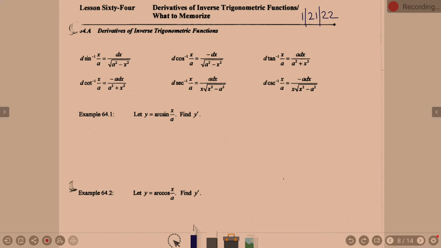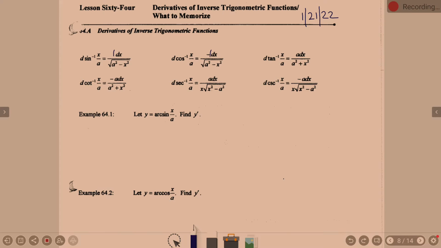And the derivative of sine inverse of x over a, with dx, just think of that as 1 over the square root of a squared minus x squared. With the derivative of cosine inverse of x over a, the only difference is it's a negative 1 on top over the square root of a squared minus x squared.